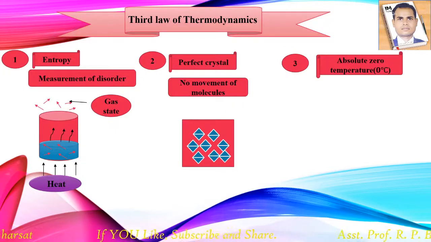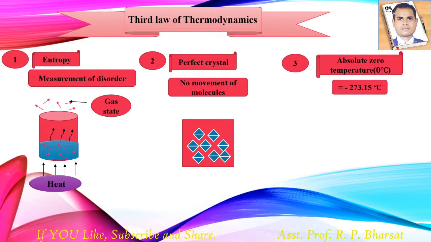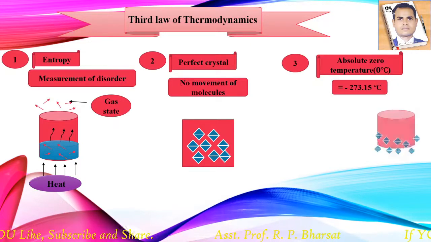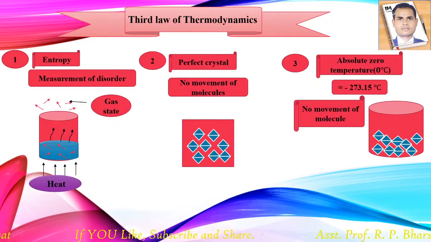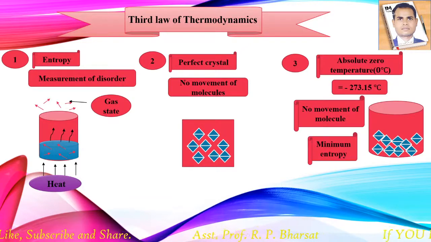Again you have to consider water. At 0 degrees Celsius, it is in a solid state, that is ice. That means there is no movement of water molecules, so it has the minimum entropy.